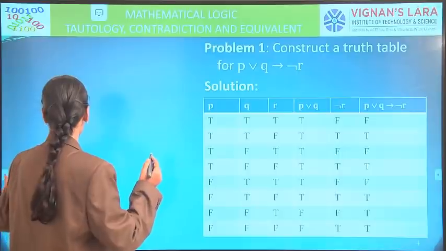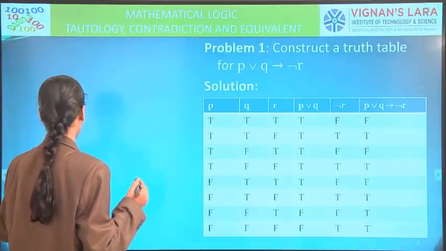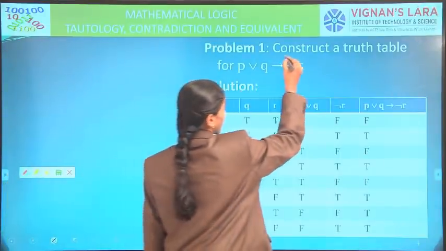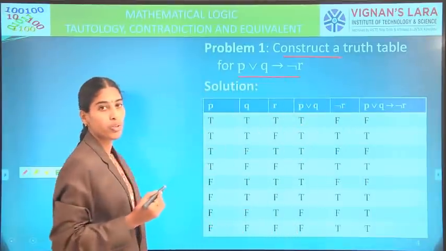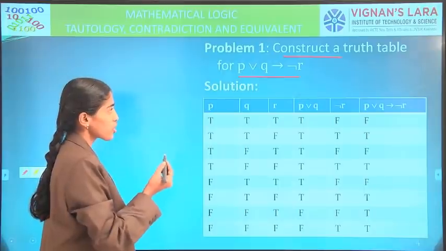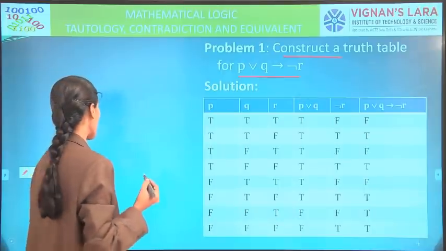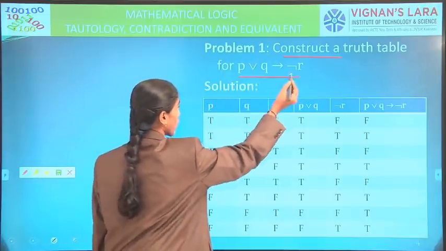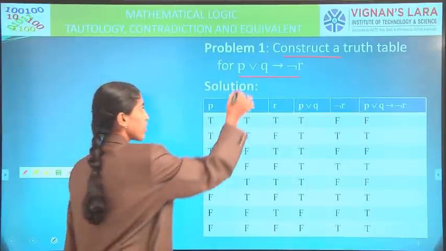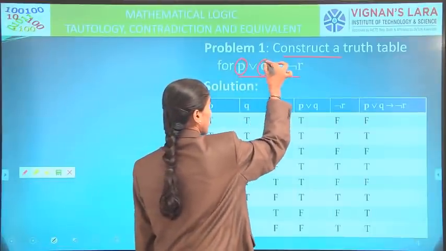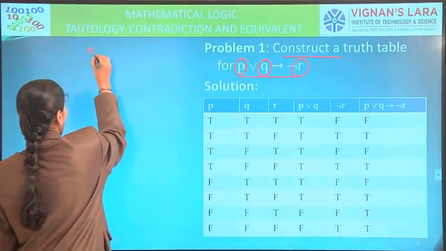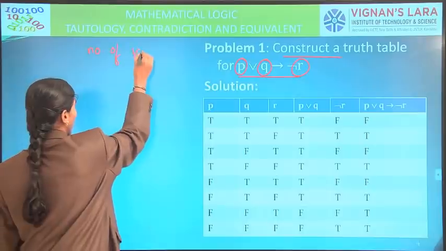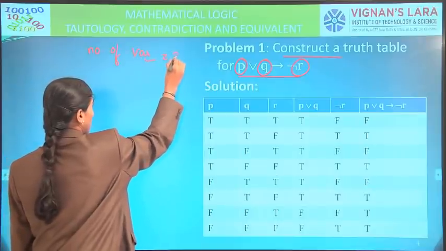Right. We will see the first problem. Construction of a truth table for the proposition (P ∨ Q) conditional negation R. First of all, we have to see how many variables are there. Here we have 3 variables, those are P, Q, R. So the number of variables is equal to 3.